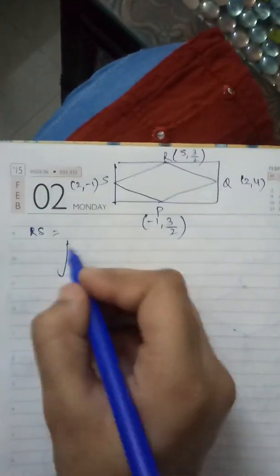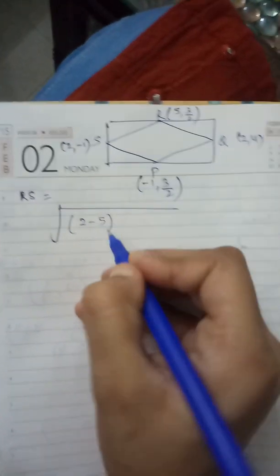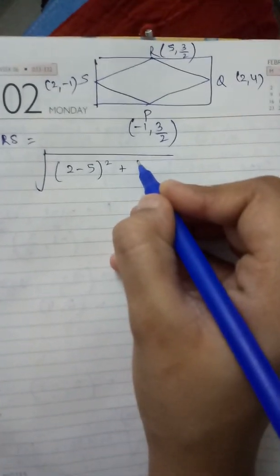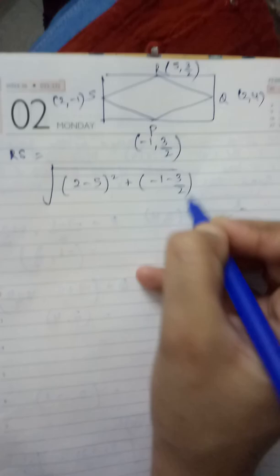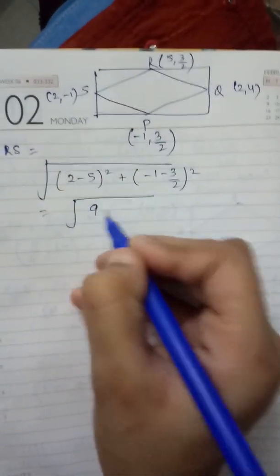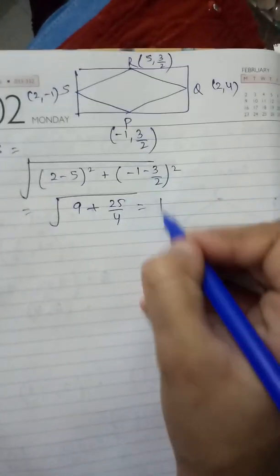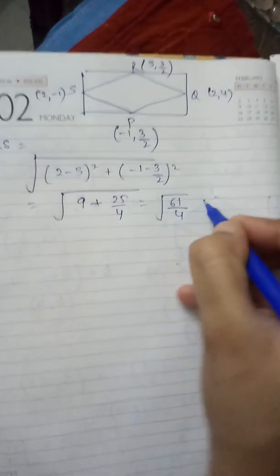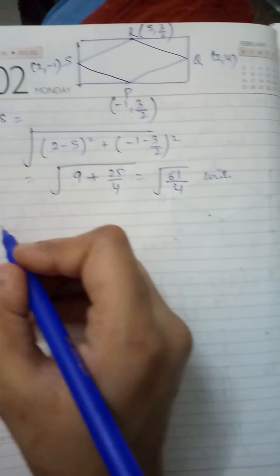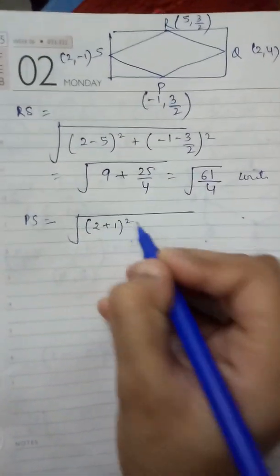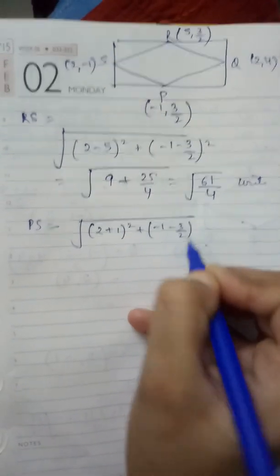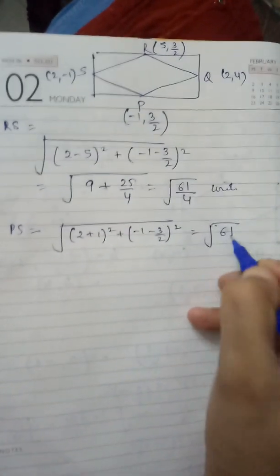So RS will be the square root of ((2 minus 5) whole square plus (-1 minus 3/2) whole square), which equals 9 plus 25/4. Similarly this will also equal root 61/4 units. Now PS: (2 plus 1) whole square plus (-1 minus 3/2) whole square. This is also equal to root 61/4.